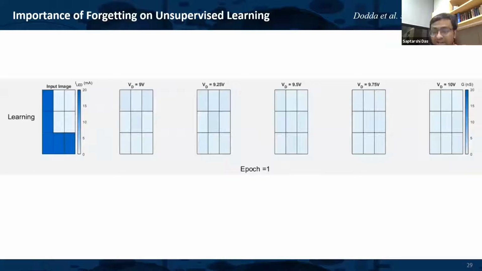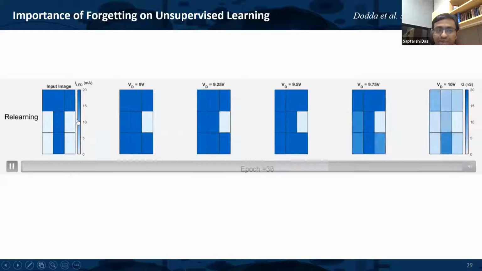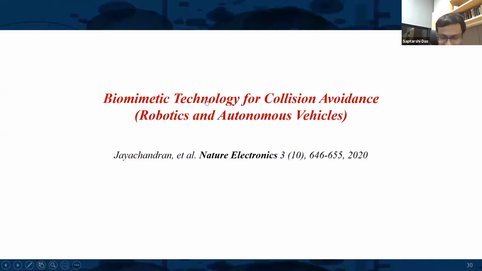If you do not have the forgetting capability, then the device will simply learn and never forget, right? If you introduce this forgetting capability, then you will see that my device learns this new information, and then when new information comes, it can also relearn by forgetting the previous information, right? So this helps us do some kind of unsupervised learning using our devices.